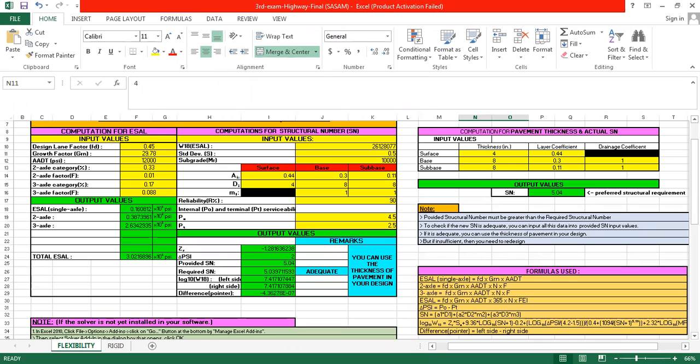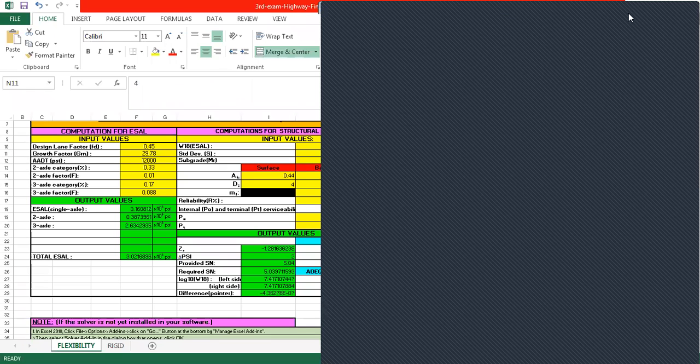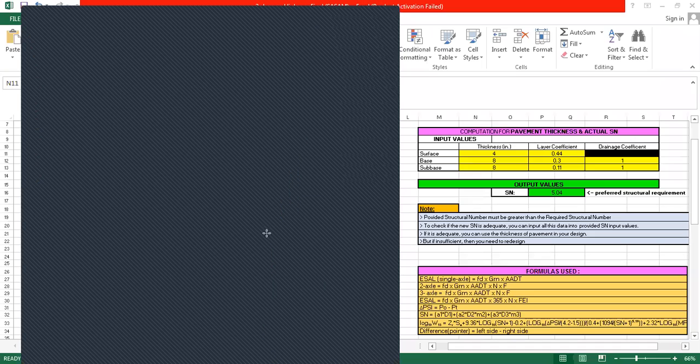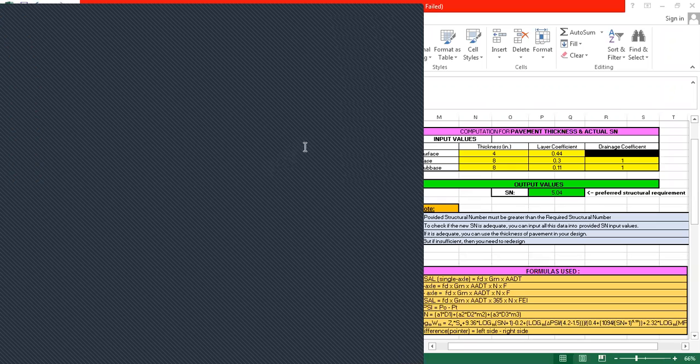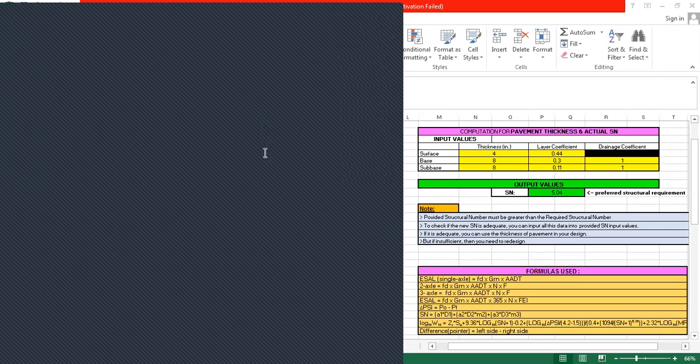So for the thickness, we have here 4 for the surface, and 8 for the base. For the sub-base, we have here also 8.